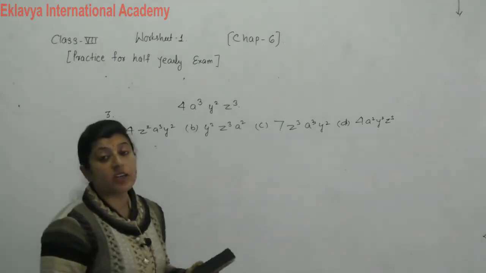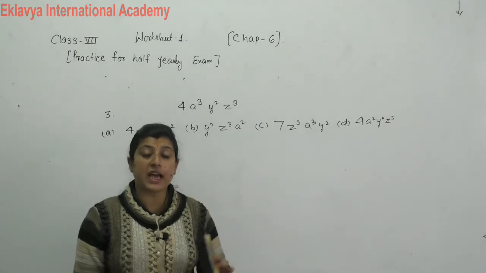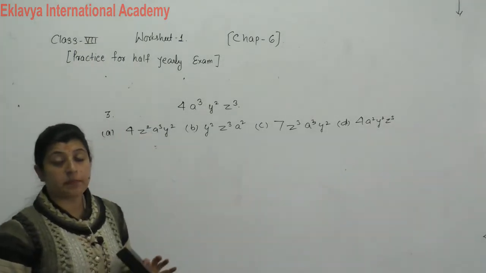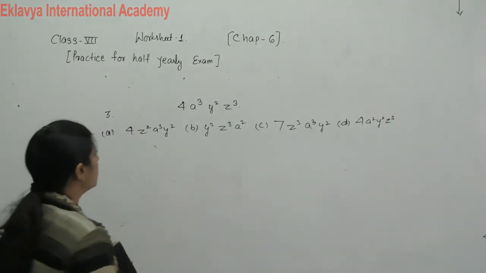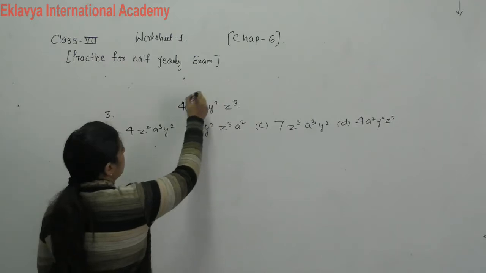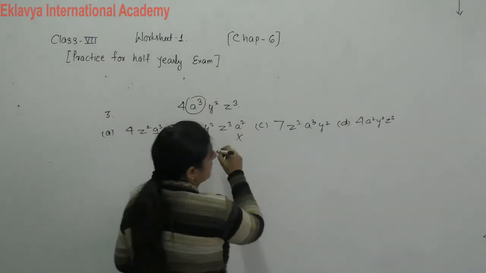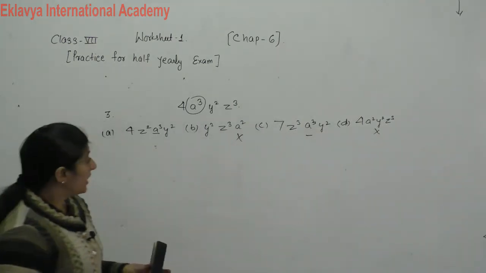Like terms are what? They have the same variable, the same type of variable, and the same power also. The power of the variable should be the same. Then we can say these are like terms. See, here a power 3, here a power 3, here this one is wrong, here a power 3 and this one. It means these two options are incorrect.